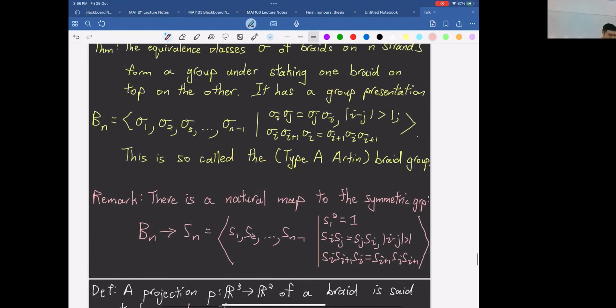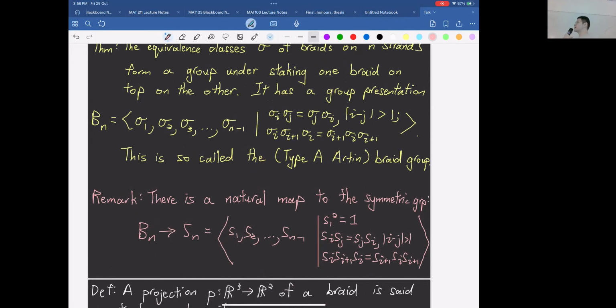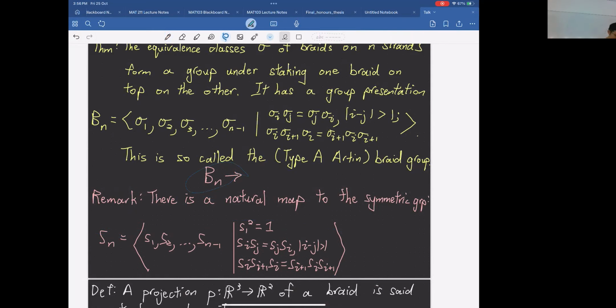So actually, there's a natural map from the braid group to the symmetric group. Let me think. I think it's the other way around. Yeah, I think I did something wrong. So there's a map from Sn to Bn. Because Sn has just one more relation than Bn.